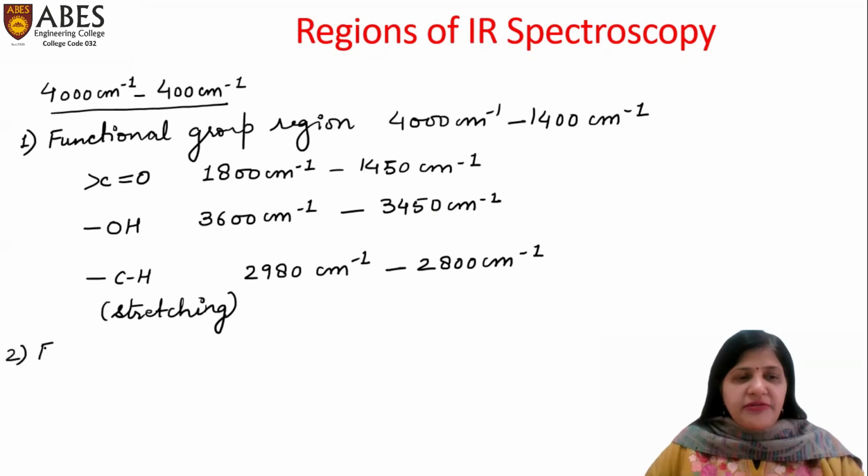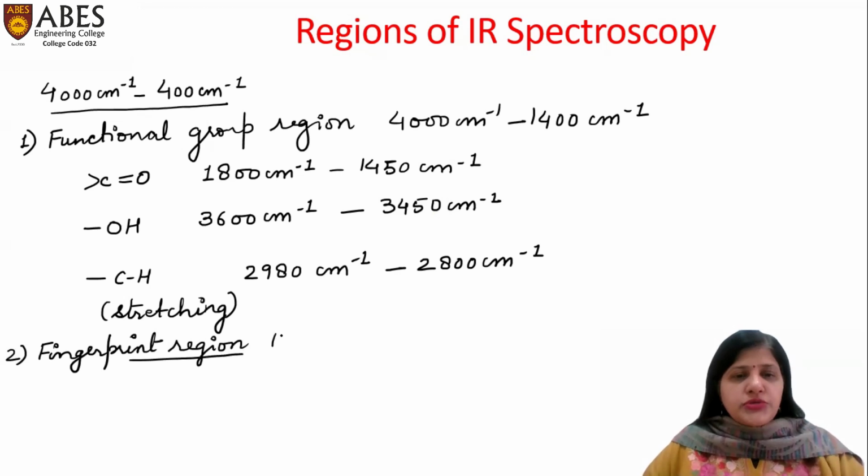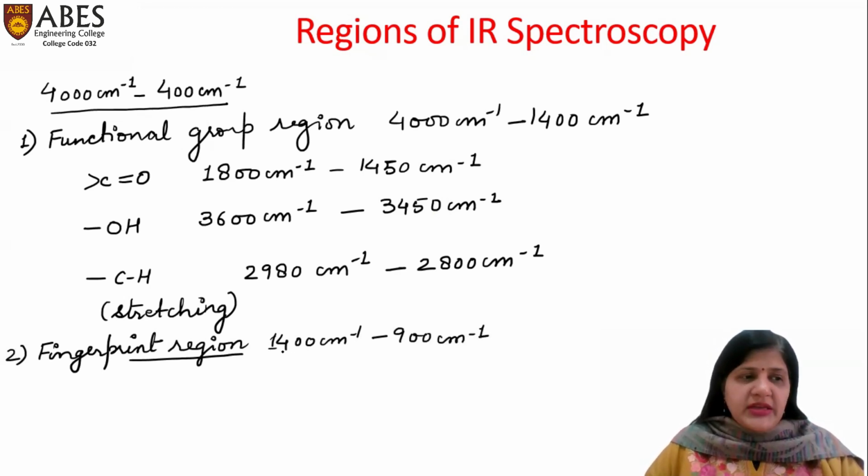Second region is the fingerprint region. Fingerprint region gives information about the presence of isomers in the sample. It corresponds to 1400 centimeter inverse to 900 centimeter inverse in the frequency band.